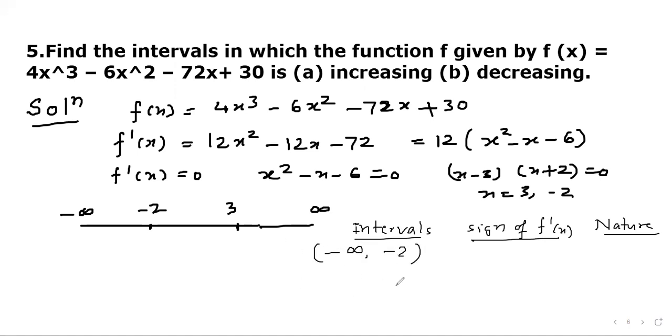If we choose some value in this interval, suppose we take x equal to minus 3, and we put this value here, then what will happen? This will become minus 6 and this will become minus 1. So both will be negative, and negative times negative will become positive.